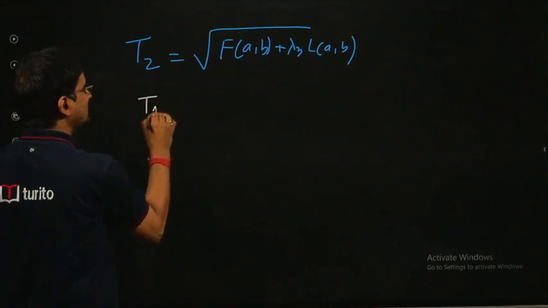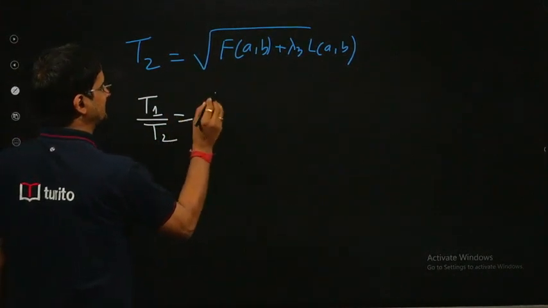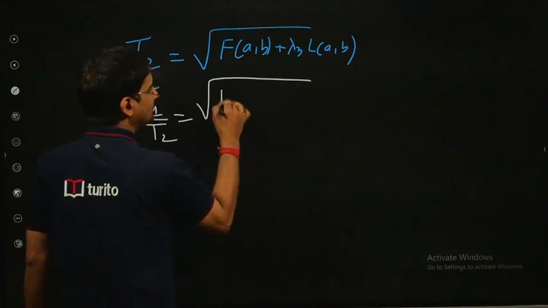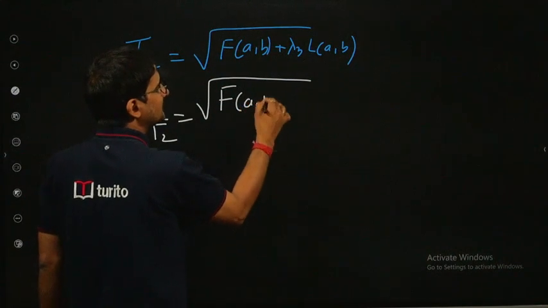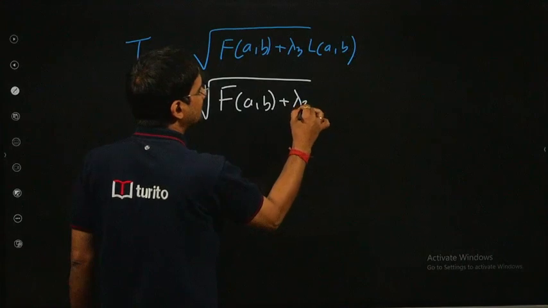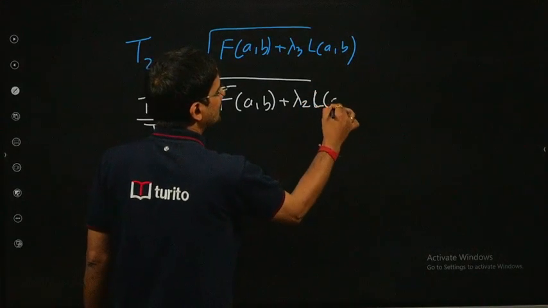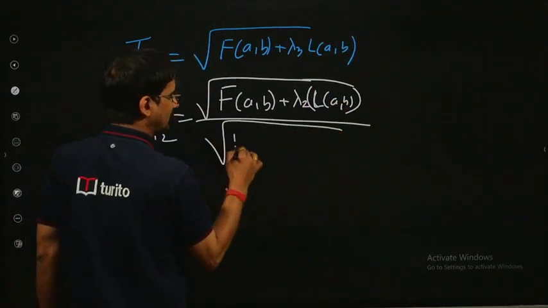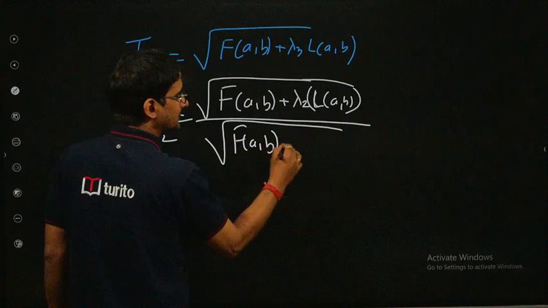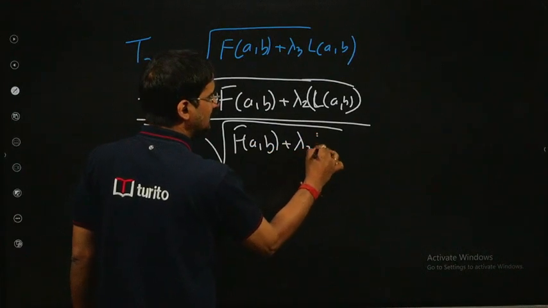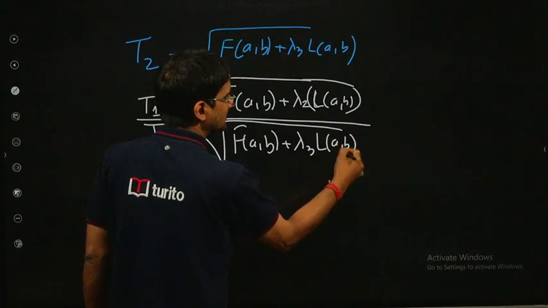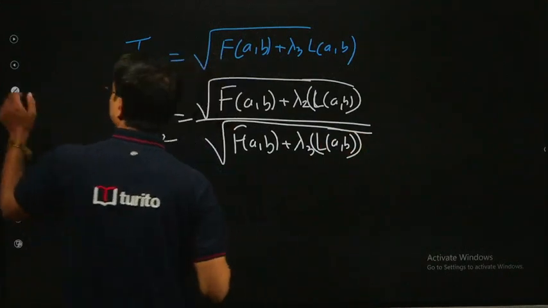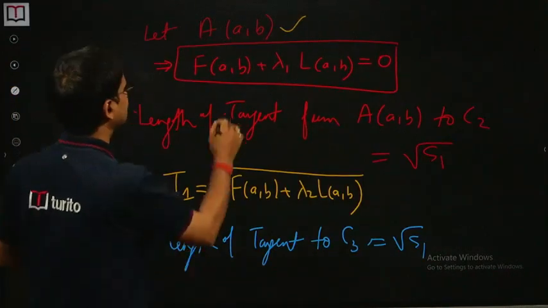So we have to show T1 by T2 is a constant. So let's try, because we know a few things at least here. So it is under root of f(A, B) plus lambda 2 times L(A, B) upon under root of f(A, B) plus lambda 3 times L(A, B). That's it.